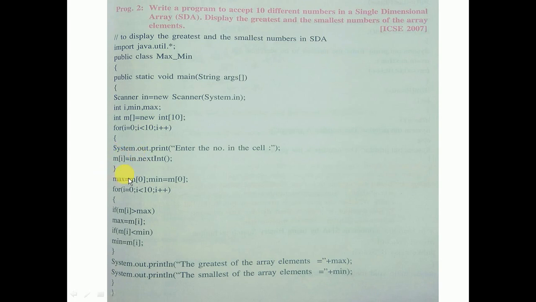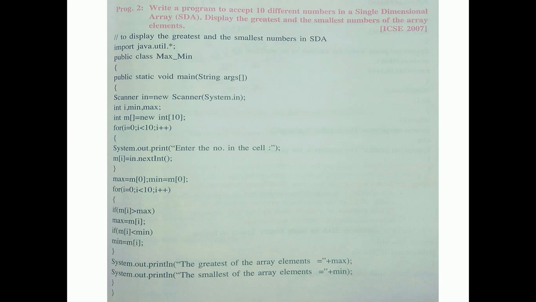See, till here it is more or less same for arrays. Then let me assume the first number is minimum as well as maximum. Where is the first number? It is there in m of 0 position. So max is equal to m of 0. Same way min is equal to m of 0. We assume the first number is maximum and as well as minimum.